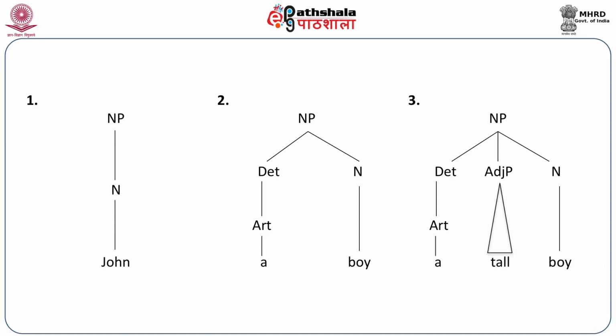There are also other constituents that can occur within a noun phrase. For example, in 3 we have an adjective phrase, tall. Tall is an adjective, and so we have 3 constituents in 3.